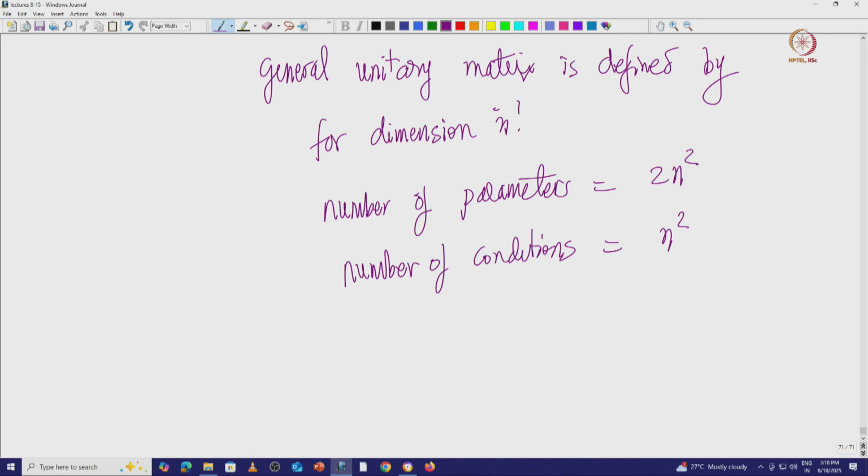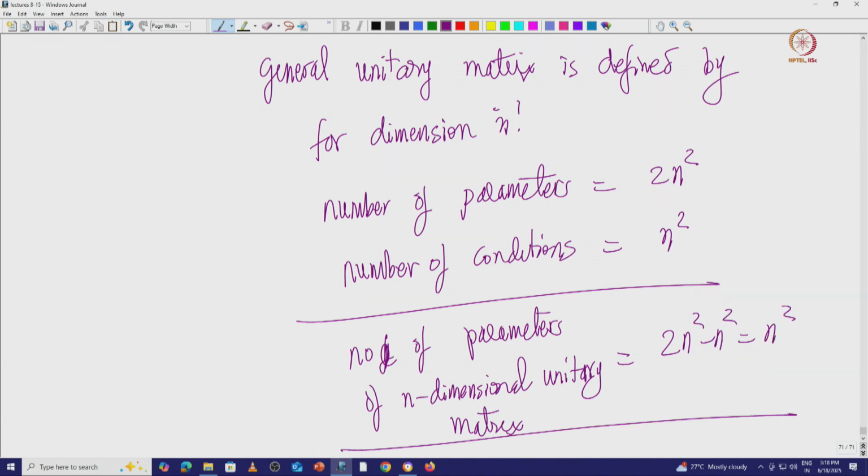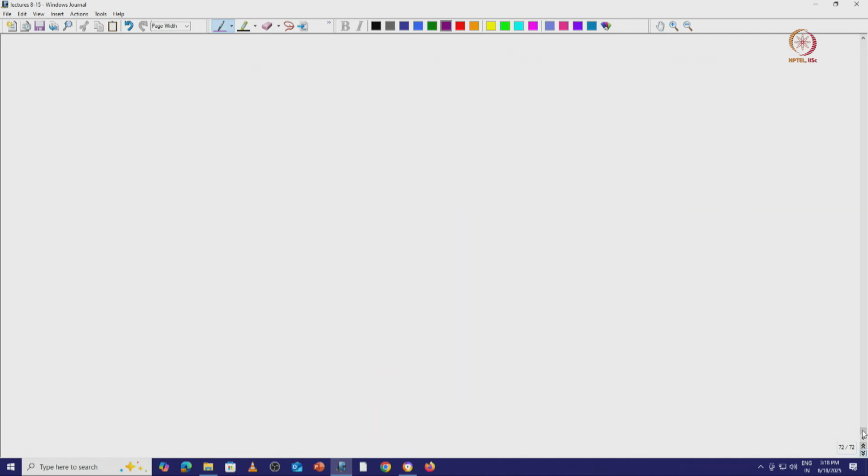So the number of parameters for an n dimensional unitary matrix is equal to 2n square minus n square, that is equal to n square. With n square parameters you should be able to specify a unitary matrix.